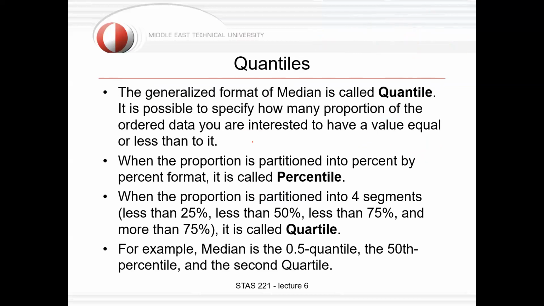In general format, we can show the median as a quantile. So quantile is the general format. I said 50%. What if I consider 10%? What if I consider 0.002? Then I can define it as a quantile and I can calculate it.